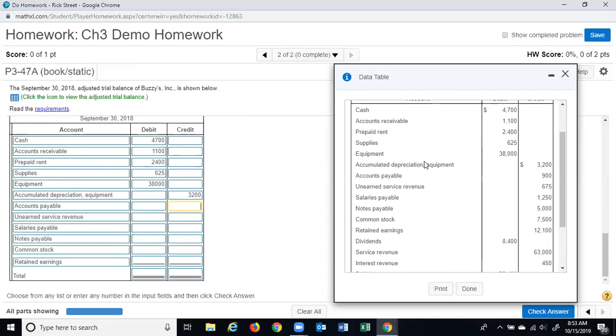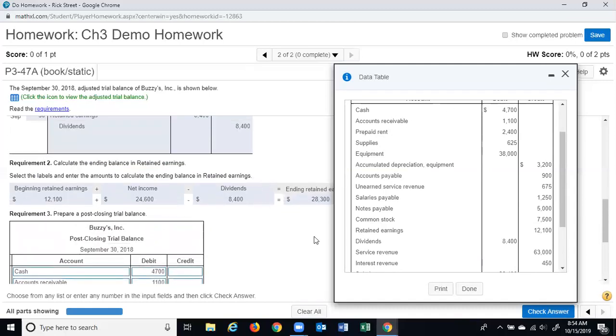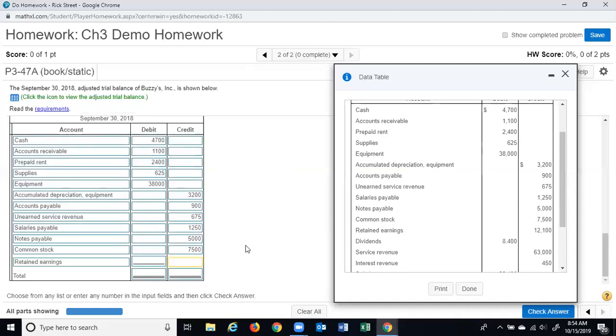Accounts payable is 900. Unearned service revenue is 675. Salaries payable, 1,250. Notes payable is 5,000. Common stock is 7,500. No changes on these, right? That's because they're permanent accounts. Now, the only thing that has changed is that 12,100 has changed to an ending retained earnings of 28,300.